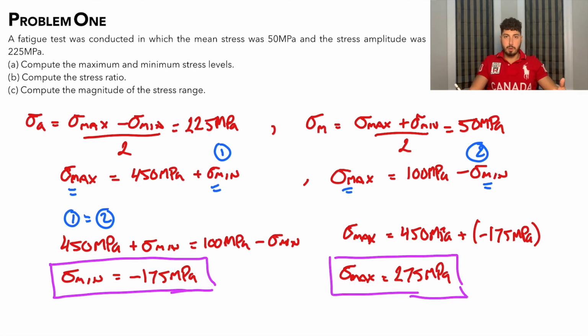So when you read a problem, figure out what's given to you, write down the equations that you have, and then try and manipulate them to solve for what your unknown is. So that's what we did here. We had two equations, two unknowns, and we're able to solve for our maximum and minimum stress values.